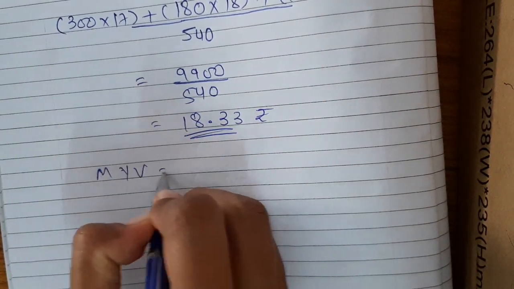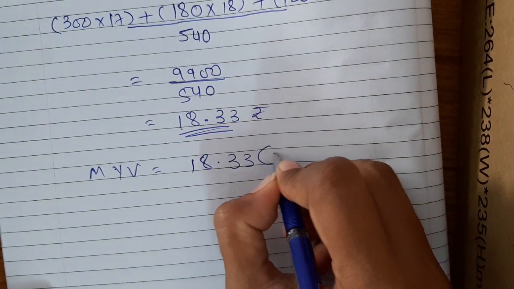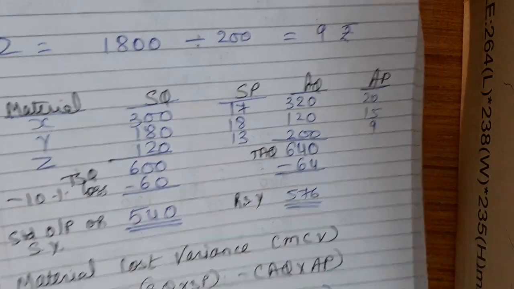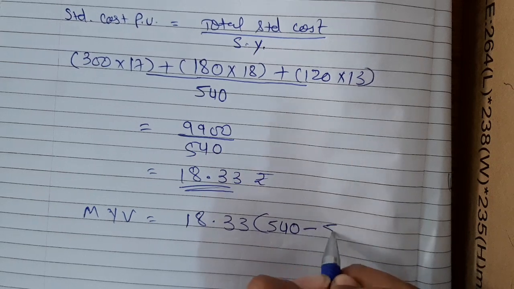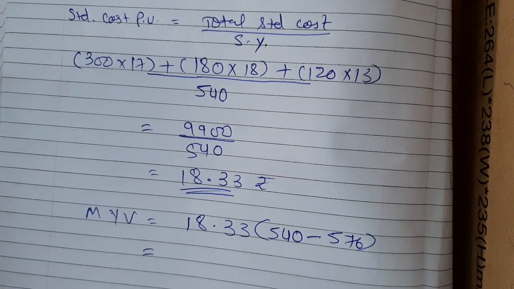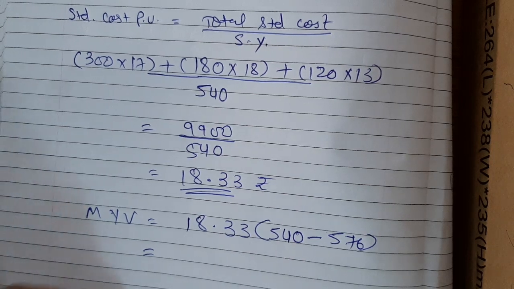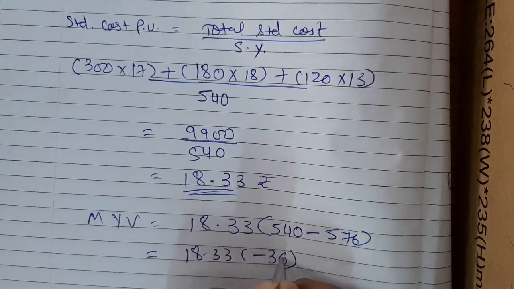Alright, so now placing the same into this formula. Material yield variance will be 18.33 into bracket standard yield 540 minus revised standard yield, which is there in the table, 576. So the answer will be 540 minus 576, that would be negative 36.